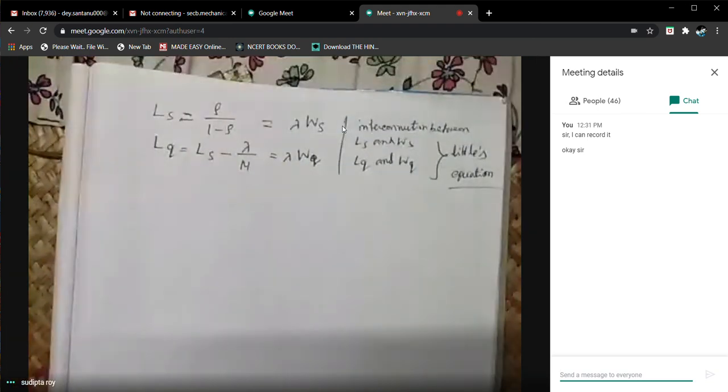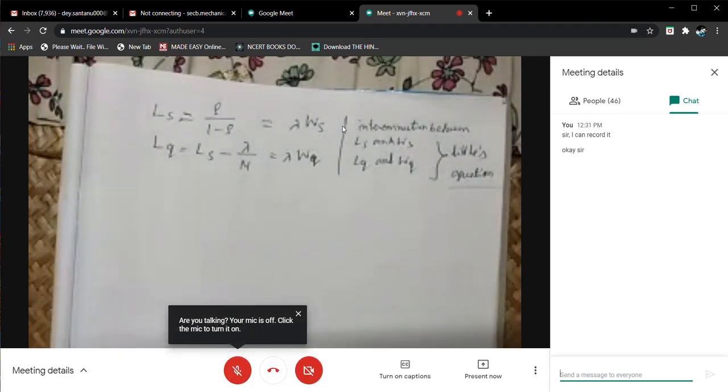So the total number of people in the system is LS, and the total number in queue is LQ. The total amount of time he will be engaged in the system is WS, and the time he will be engaged in queue is WQ.